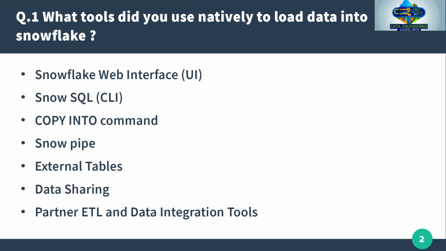This is best suitable for complex data pipelines, integrating data from multiple sources, and when additional data transformation capabilities are needed. So these are basically the native tools which we can use to load the data into Snowflake.